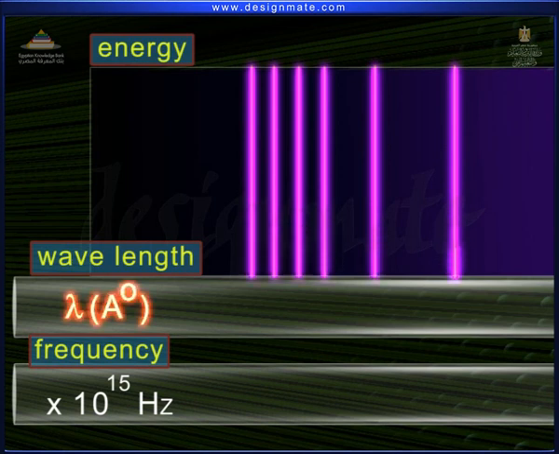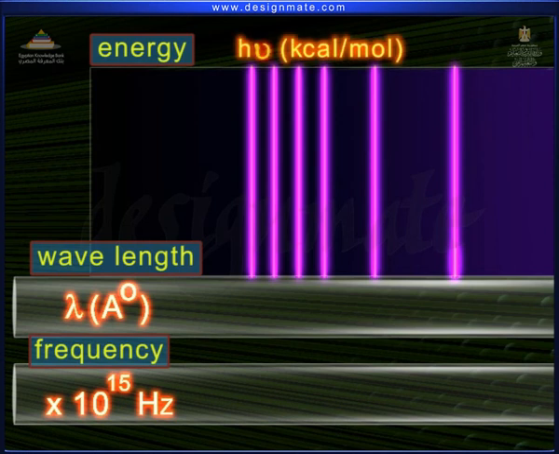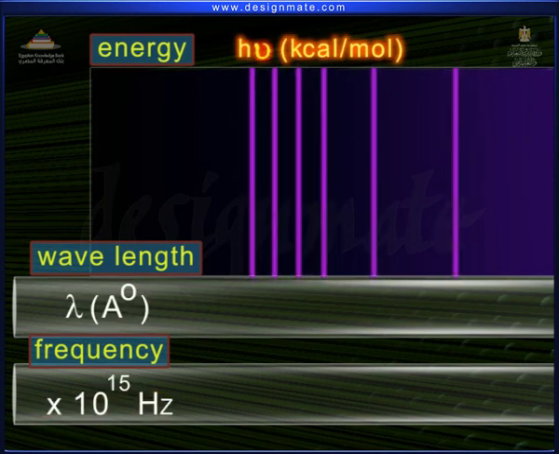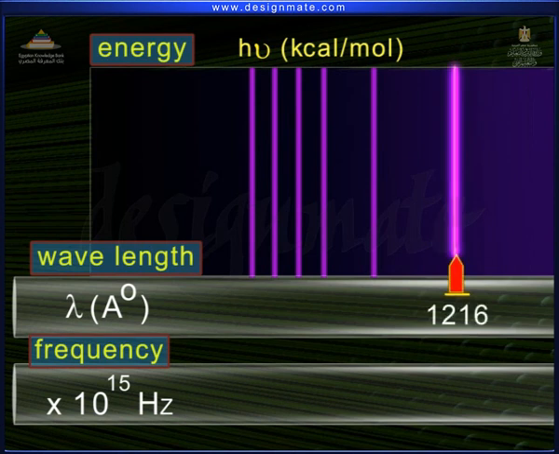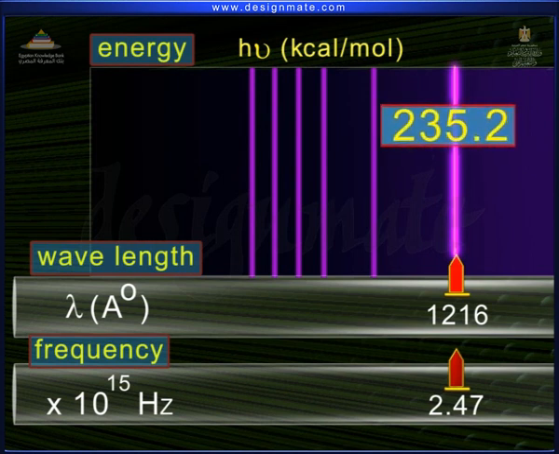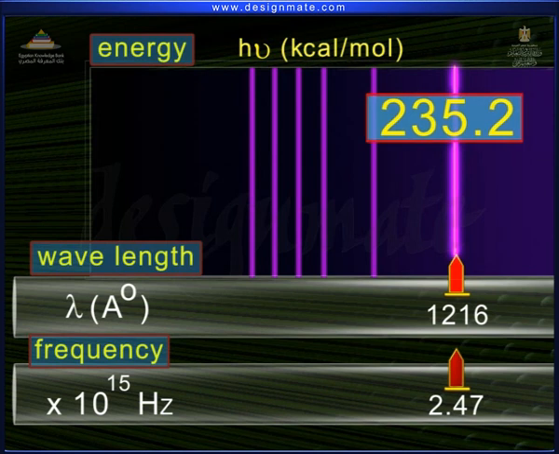The wavelength lambda in angstrom, the frequency per second, energy in kilocalories per mole. The wavelength is 1216 angstrom, the frequency per second is 2.47 into 10 raised to 15. The energy is 235.2 kilocalories per mole.